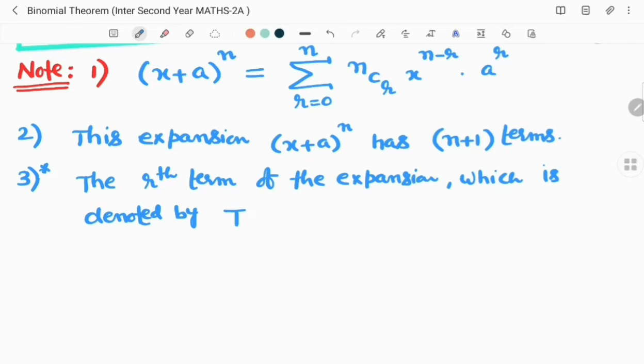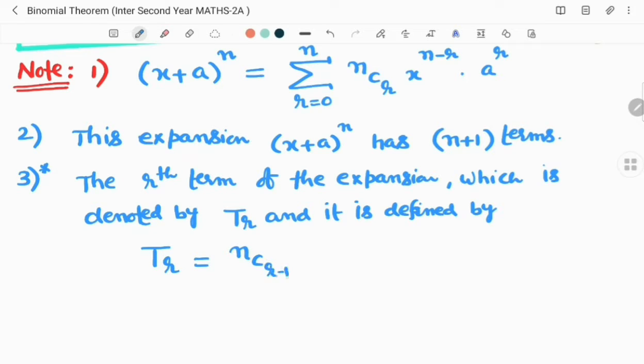T suffix r, and it is defined by T_r equal to nC(r-1) x^(n-r+1) a^(r-1).